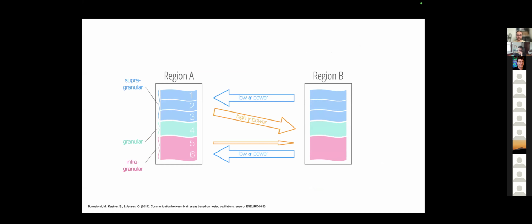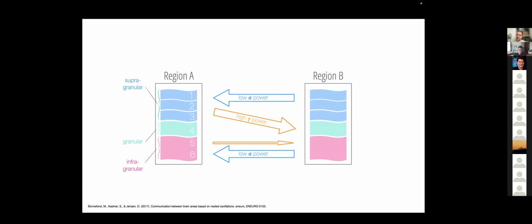So the theoretical model, here from a paper of my PhD supervisor, Mathilde Bonnefond, would be: we have region A, which is communicating feed-forward activity from superficial layers to middle layers of a next region, region B, and this is communicated via higher gamma power.